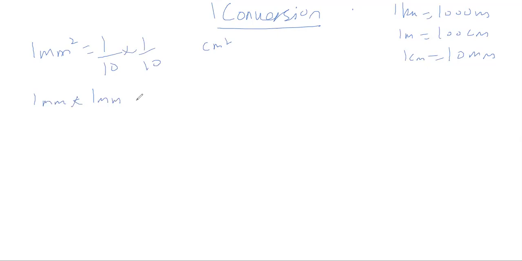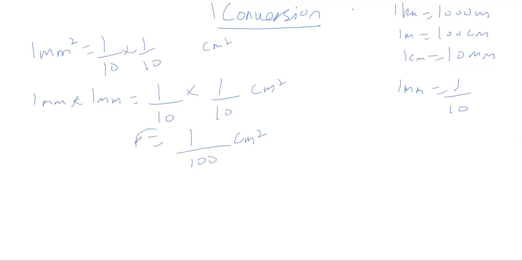You know that 1 millimeter is equal to 1 by 10 centimeters. So 1 millimeter square is equal to 1 by 10 into 1 by 10 centimeters square. So this becomes 1 by 100 centimeters. So that's your first answer. 1 millimeter square is equal to 1 over 100 centimeters square.